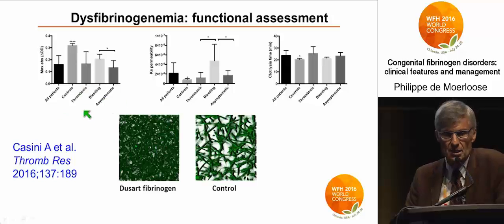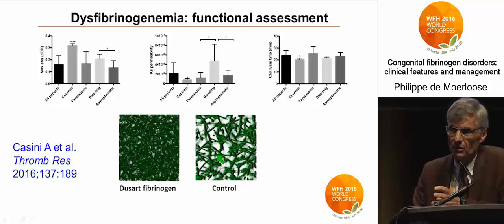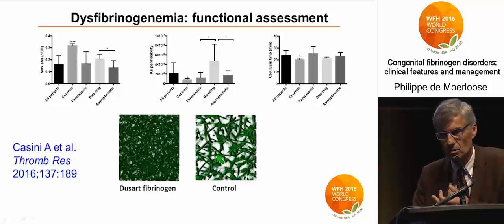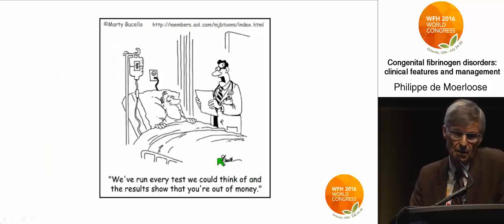For example, in these 24 patients with dysfibrinogenemia, we measured maximal absorbance, that means turbidimetry, here the permeability, and here a clot lysis time. What was the most important and the main difference was really the permeability. And here you have some examples in electron microscopy. There are many other tests, and we use more and more what is called thermodynamics, which for us is really interesting.